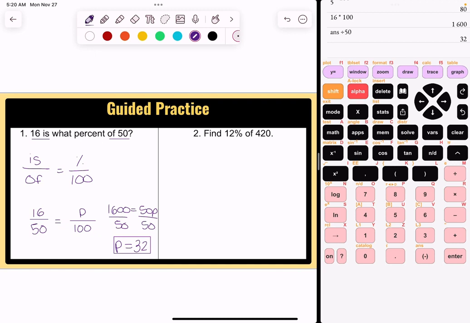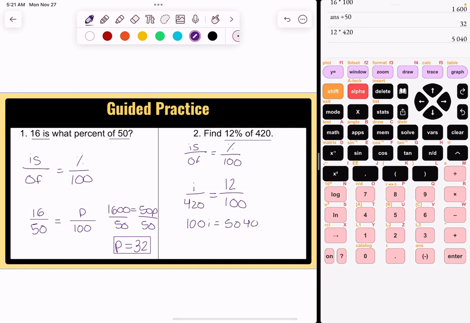Okay, let's look at the next one. Is over of equals percent over 100. Find 12%, so we're going to put the 12 in the percent part, of 420. We don't know what the is. I'll just put I. I times 100 is 100I equals 12 times 420 is 5040.